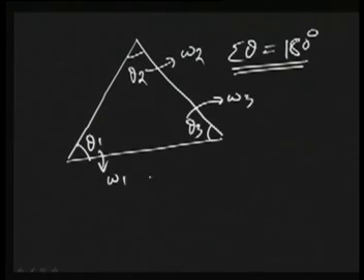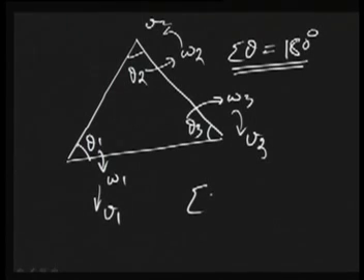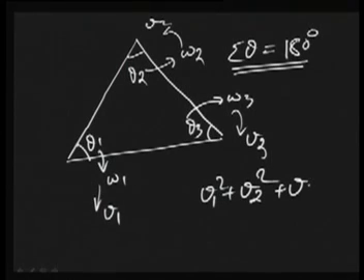Then as per the weights, we find corresponding to each observation the residual V1, V2, V3. These are the residuals. So these residuals should be such that V1 square plus V2 square plus V3 square should be minimum.